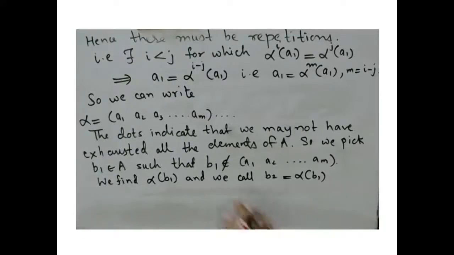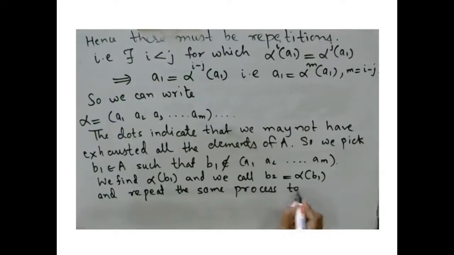We have to repeat the same process as we have repeated for the A's, to get another cycle, B1, B2, B3, up to Bk, as we have got this previous cycle.